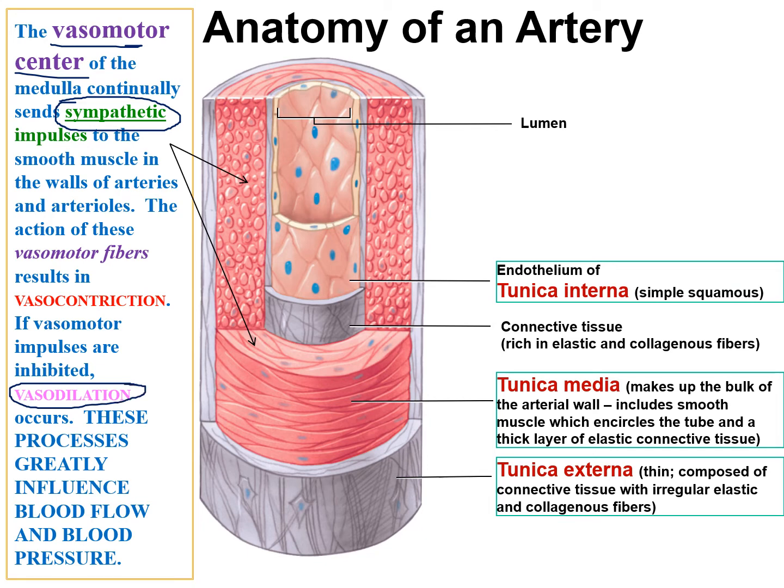Now, look at this word. A lot of people mispronounce it. So vasodilation occurs when smooth muscle in the tunica media relaxes. That causes the lumen to get larger. If the lumen gets larger, that will reduce blood pressure.